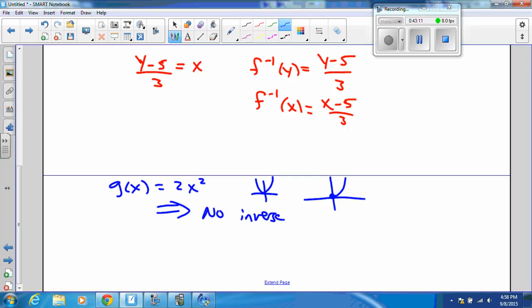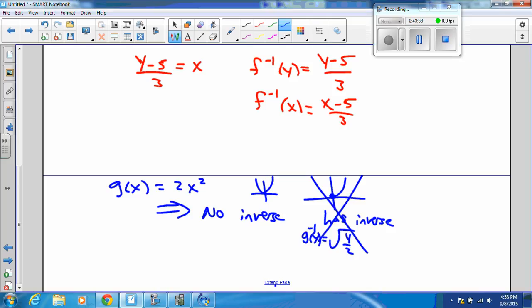So on a restricted domain, g of x has an inverse, and that inverse is in fact the square root of y over 2. But on the full domain, the function is not 1-to-1, it is not invertible. So this does not apply.